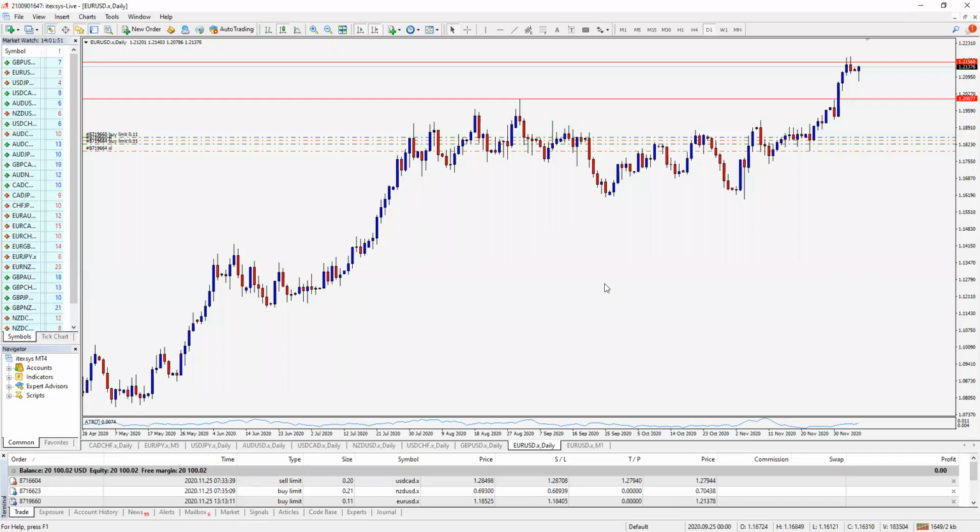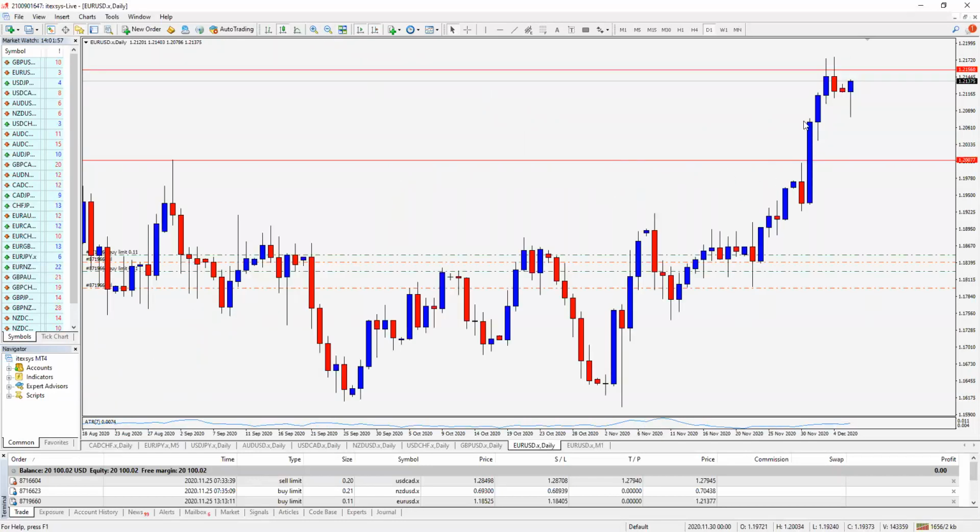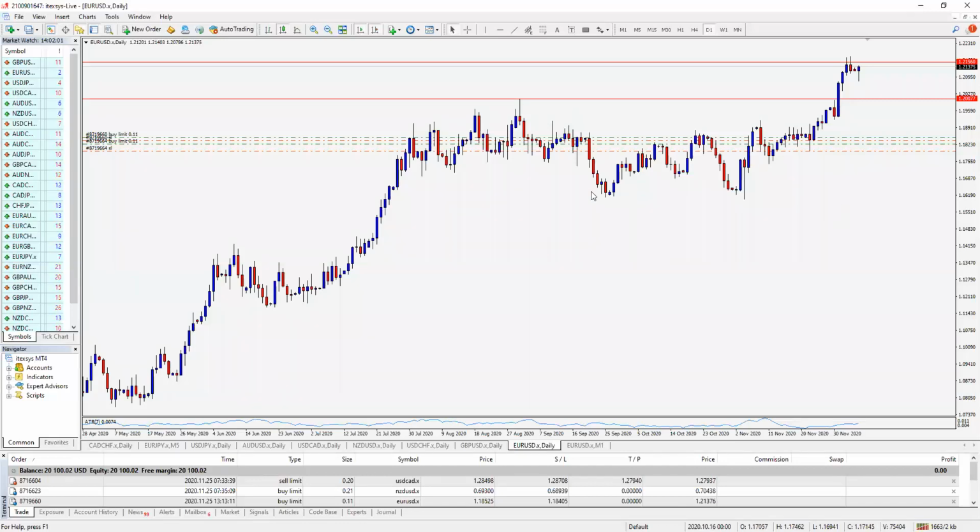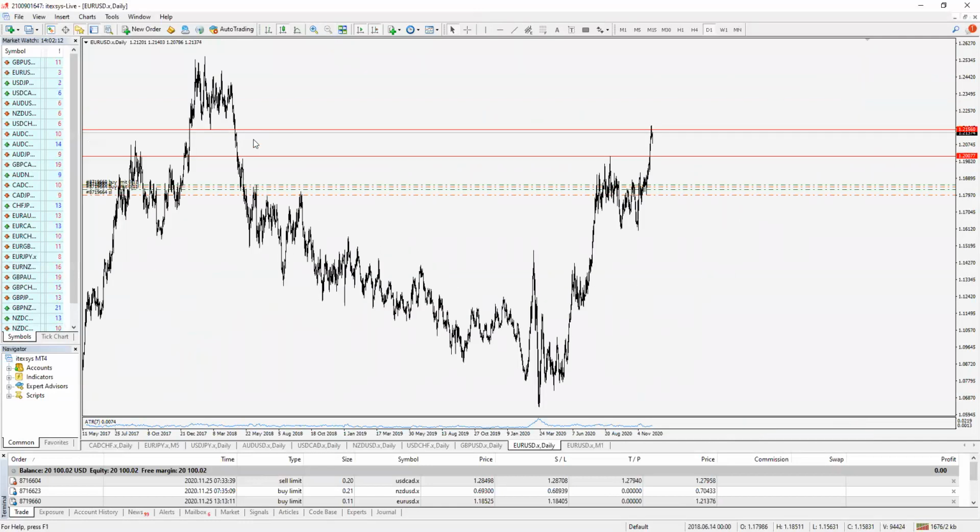So let's start with the Euro USD. Last week, we had the breakout of this big range that was holding for months. We had a breakout and then the continuation, and it stopped at that red line. That red line aligns with the bottom point of that range right there, which will be a supply area.